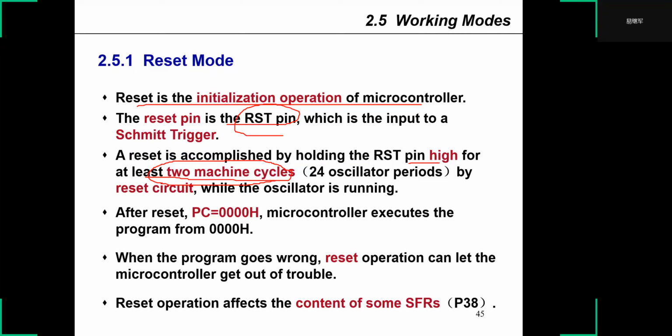After reset, PC, the program counter, is equal to 0H. The microcontroller executes the program from 0H. When the program goes wrong, the reset operation can let the microcontroller get out of trouble.